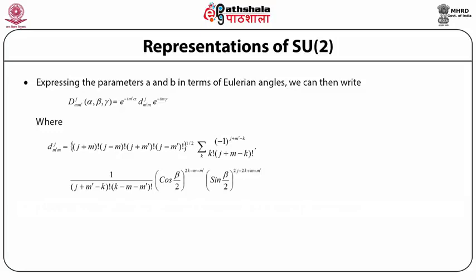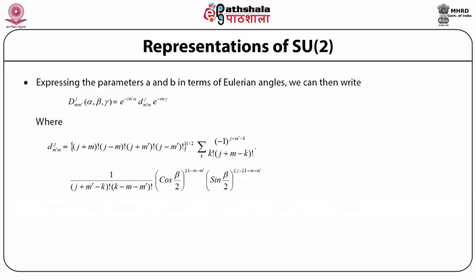The small d j m prime m is a function of the Eulerian angle beta only, and the full representation matrix capital DJMM prime is a function of the three Eulerian angles alpha, beta, and gamma, which are obtained from this small d by multiplying on the left by exponential minus i m prime alpha and on the right by exponential minus i m gamma.